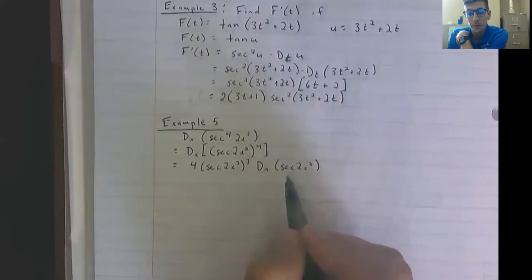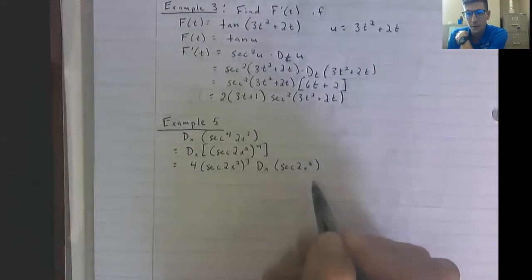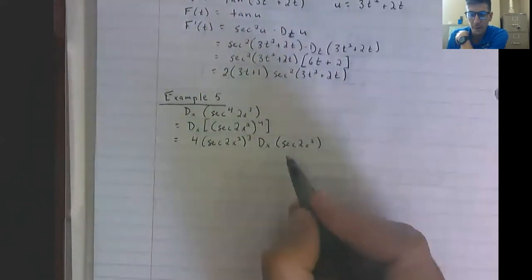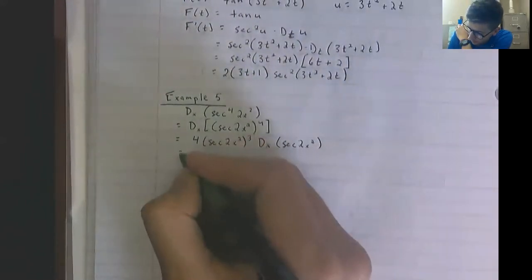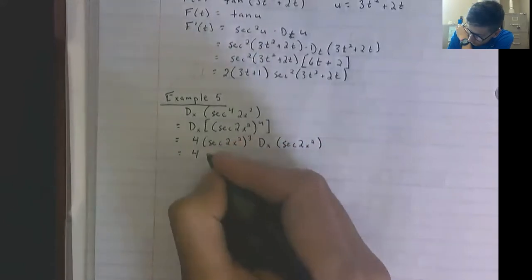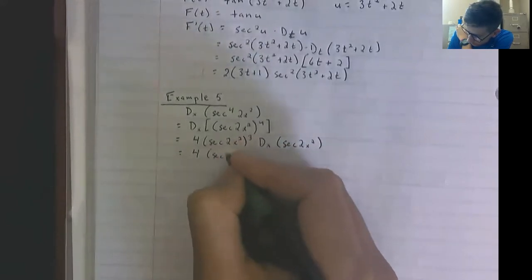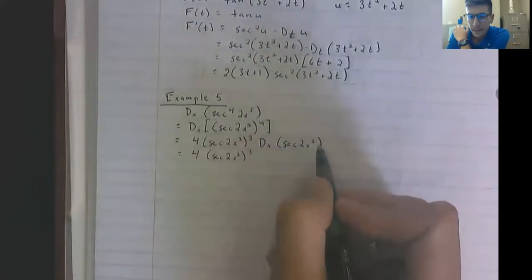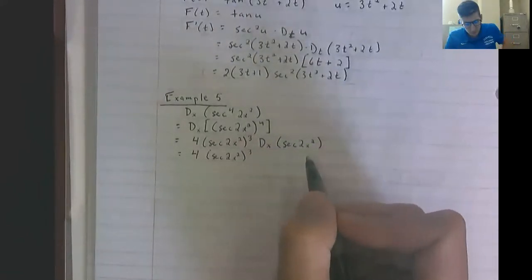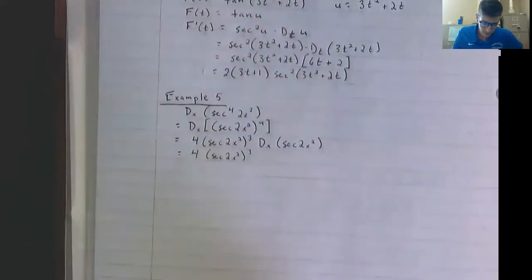But to take the derivative of the inner guy is itself another chain rule because our outer function is secant, our inner function is 2x squared. So that's fun. 4 times the secant of 2x squared cubed. Taking the derivative here, the derivative of secant is secant tangent.